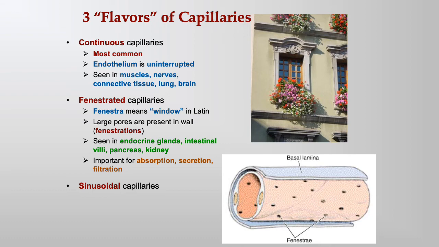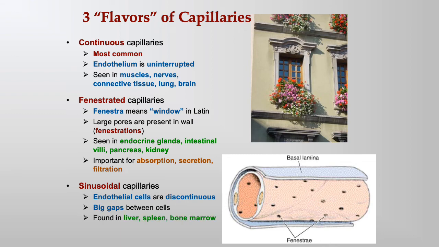And then sinusoidal capillaries, where the endothelial cells are discontinuous, these have huge gaps, all right? Big, giant openings. And where do you need those? Where do you find them? In the liver, the spleen, and the bone marrow. And what's going on in the liver, spleen, and bone marrow that would require really big openings? Yeah, that's where whole red blood cells get in and out.